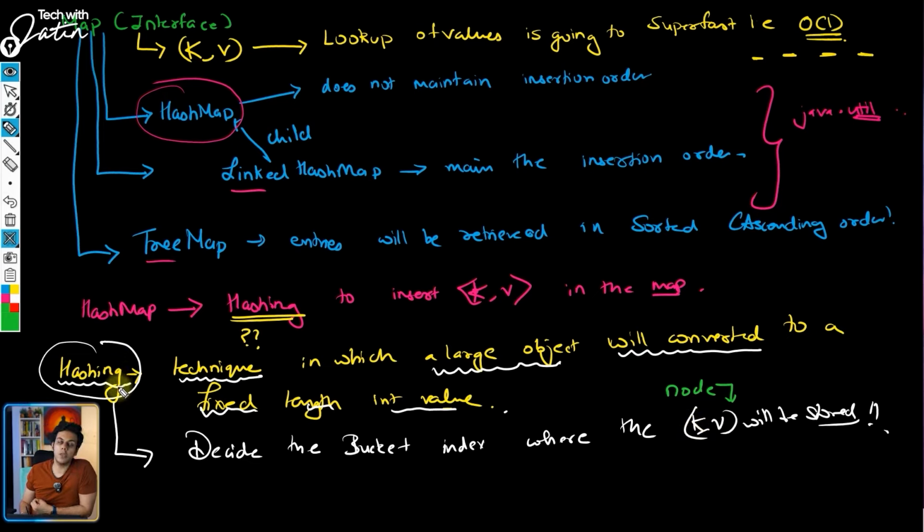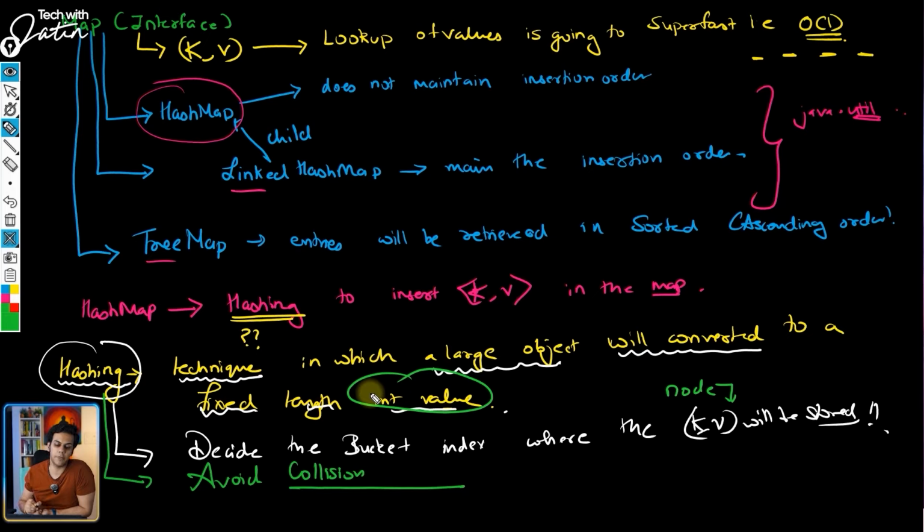Hashing is also used for one special reason, to avoid collision. We'll discuss all these three things. We have already seen it in set. That's the reason I'm writing it over here for you guys. But remember, hashing is basically a technique in which a large object will be converted into a fixed length integer value.